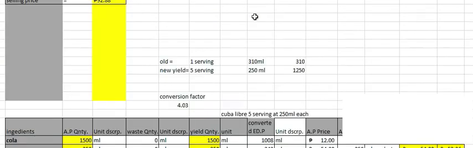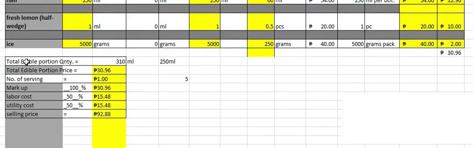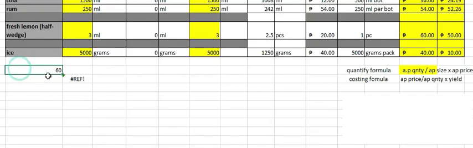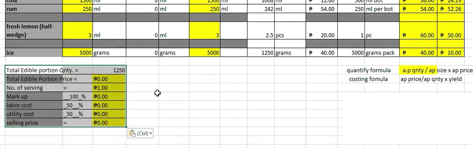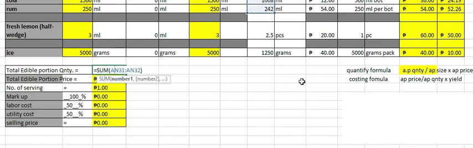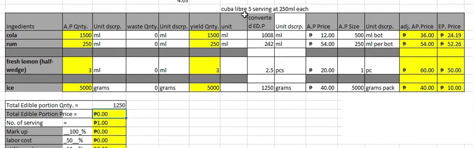So still the same process. From your converted and quantified, you get the total edible portion price.